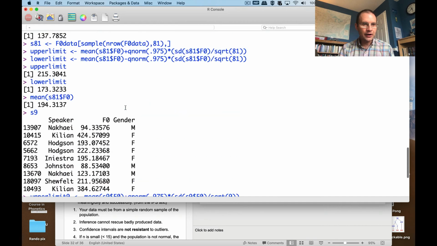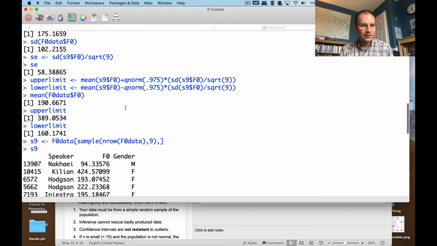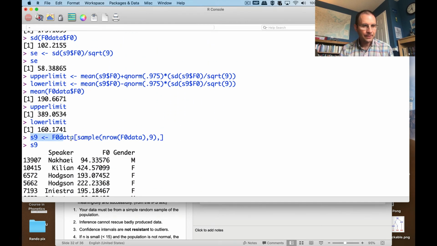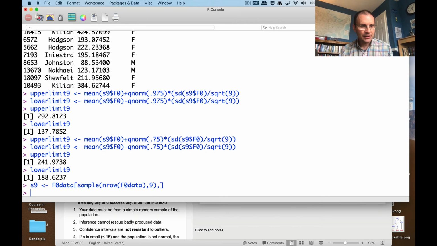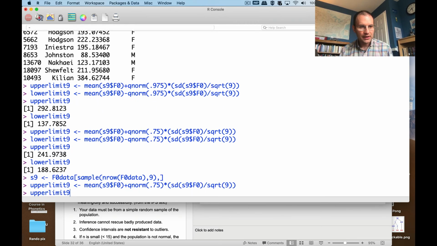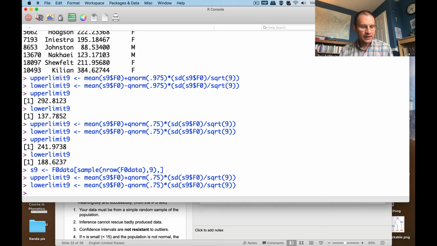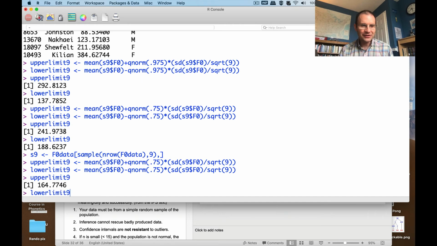So let's take another sample and calculate another 50% confidence interval and just see what happens. So we're going to get another S9 and we'll calculate the upper limit that way and the lower limit that way. And now we will see, no idea what's in here. It doesn't look good.